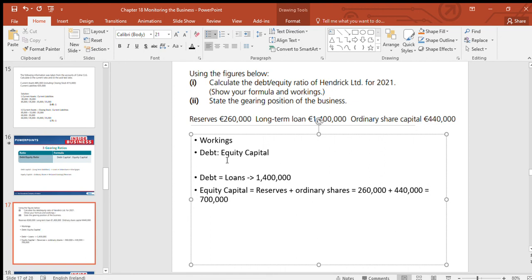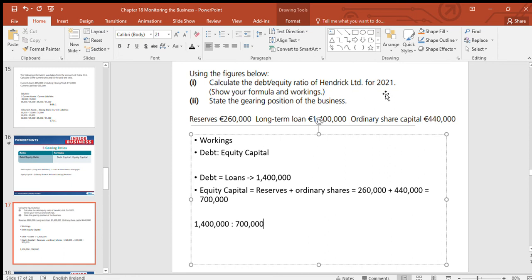Debt is 1.4 million, equity 700,000. So my debt to equity is going to be equal to 1,400,000 is to 700,000.